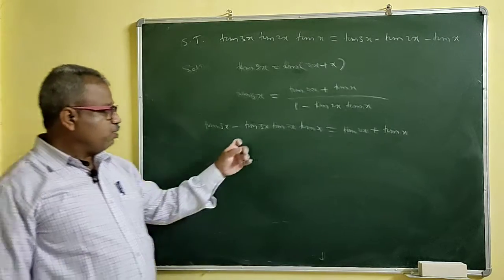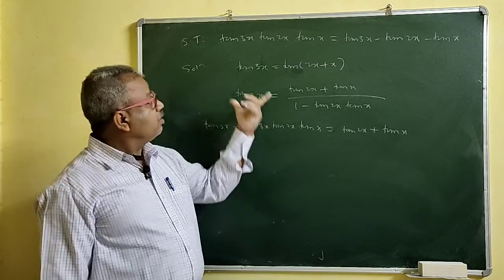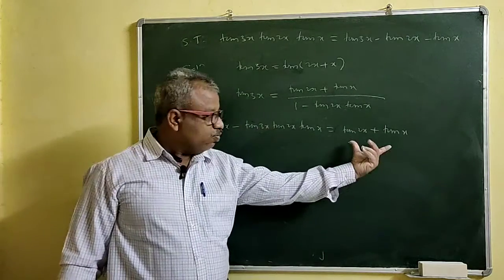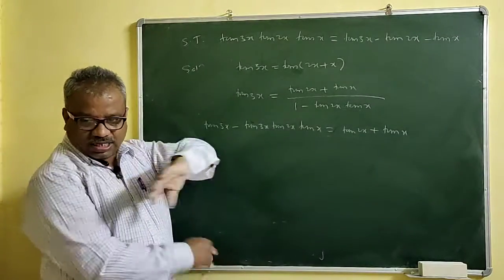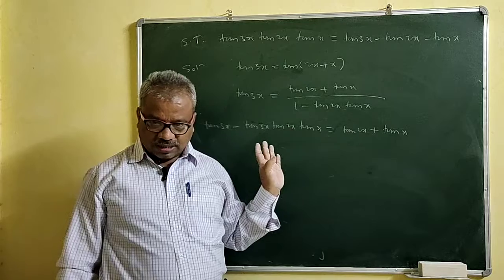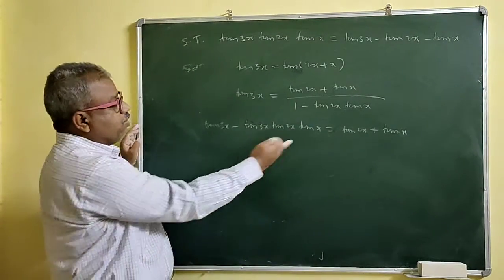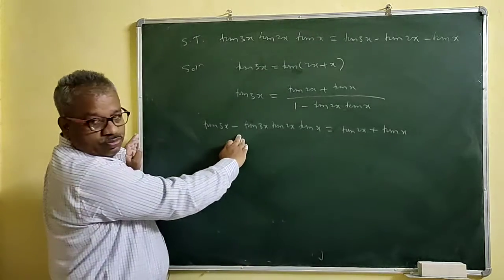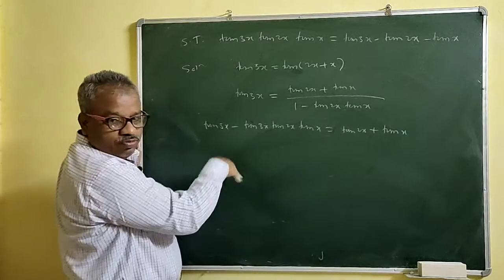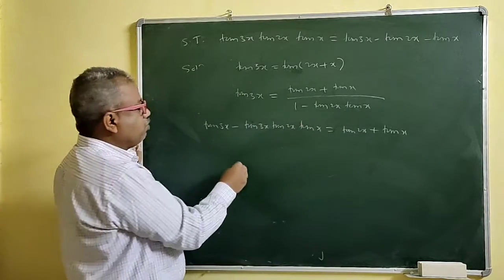Now see what we'll do. There is a minus here. If you want to make this positive, we'll shift this term to this side and shift these two terms to the other side, and we'll interchange, so that instead of writing the LHS first, we write the RHS. So what do we get?